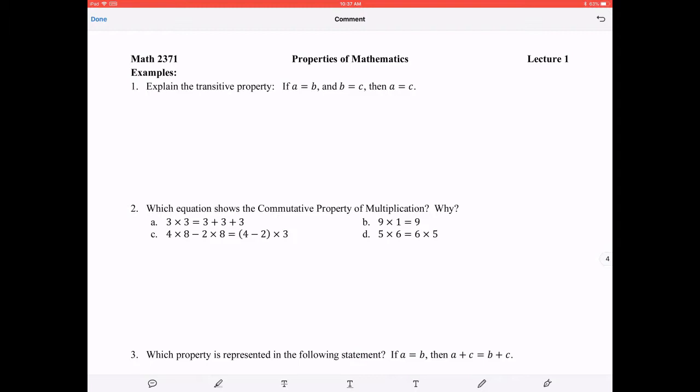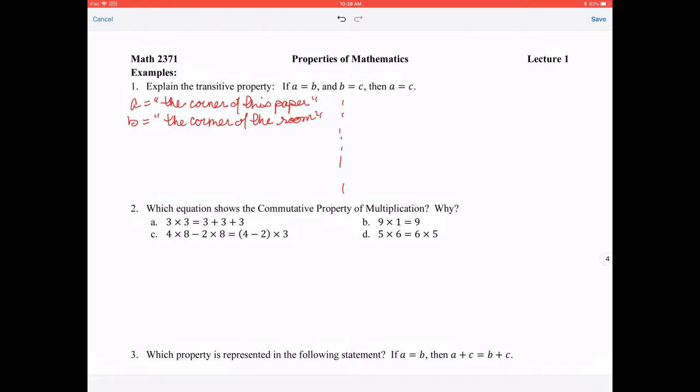If I let A be the statement, the corner of this paper, and I let B equal the corner of the room, now I'm going to tell you that A equals B. They're both 90 degrees.